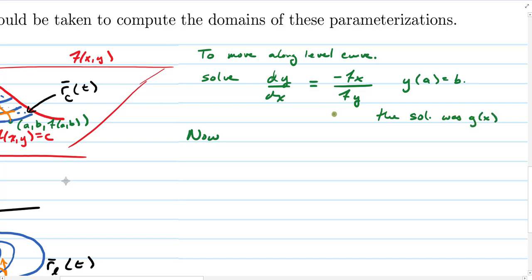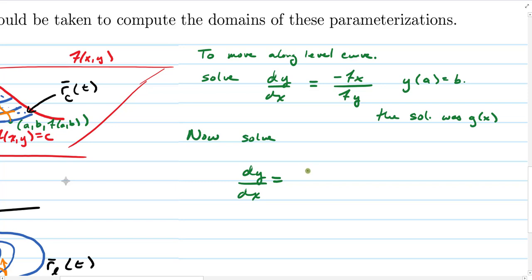Now we want a function that is always perpendicular to this function g of x, meaning we're moving along the direction of the gradient. And how do we find the slope of a perpendicular line? Remember, a differential equation really says we want to come up with a function where the slope is always this. Now we want a function where the slope is always perpendicular to what we had. Two lines are perpendicular if their slopes are negative reciprocals of one another.